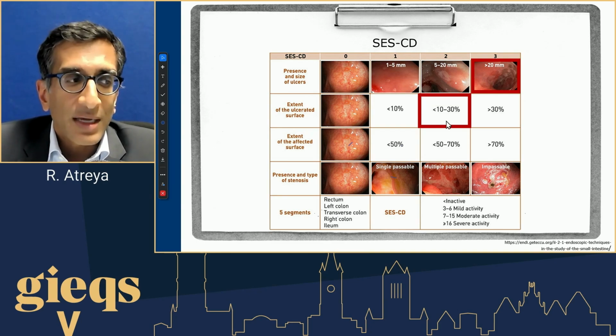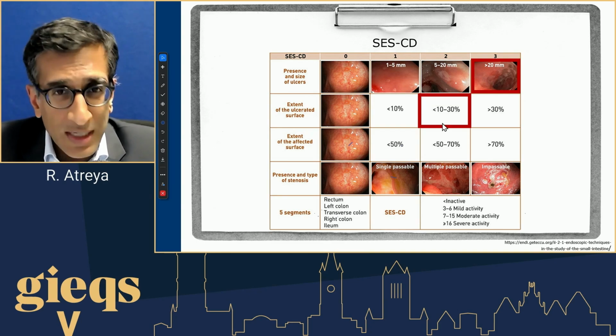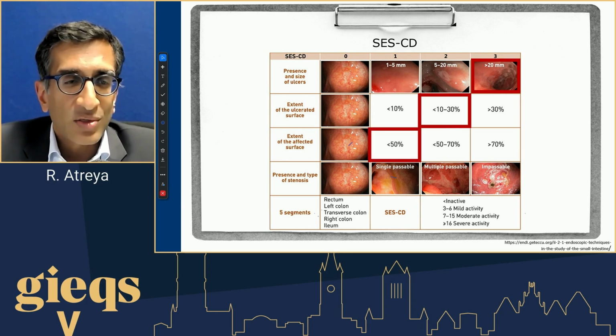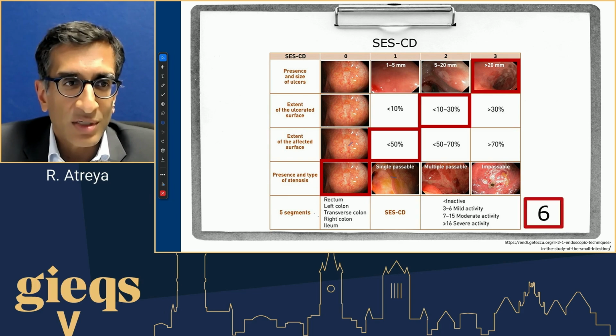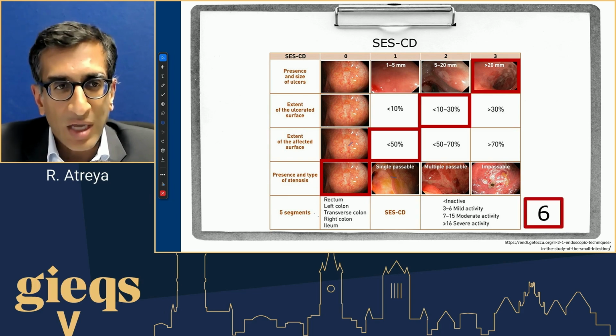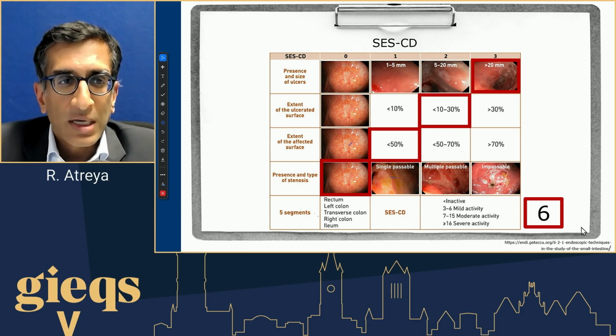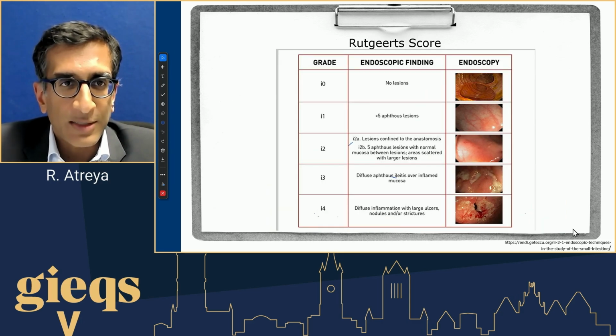But the extent of the ulcerated surface has gone down to between 10 and 30%, and the extent of the affected surface by inflammation has gone down. There's no stenosis. So I would say a 6. So at least a good treatment response, a reduction of at least 30%.